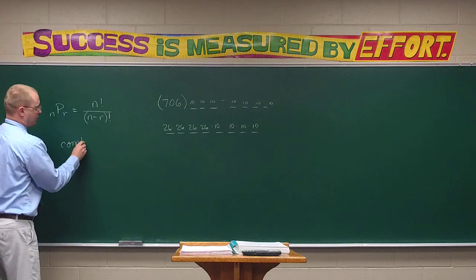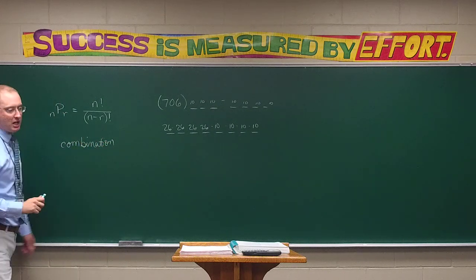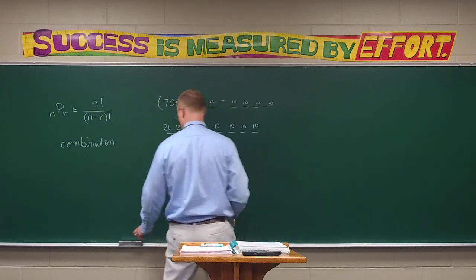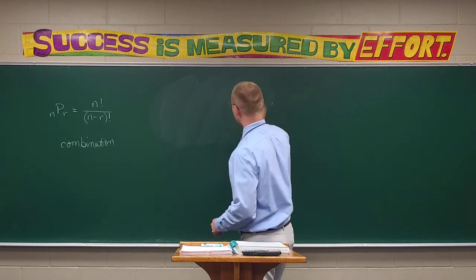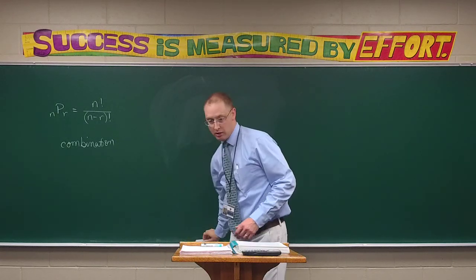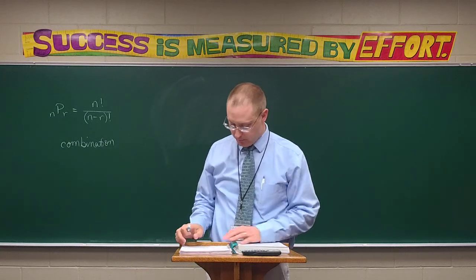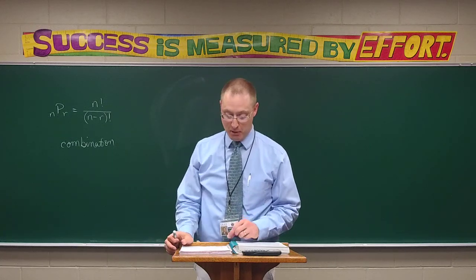A combination. A combination specifically refers to the number of possibilities in which values may be arranged. The number of possibilities in which values can't be repeated.